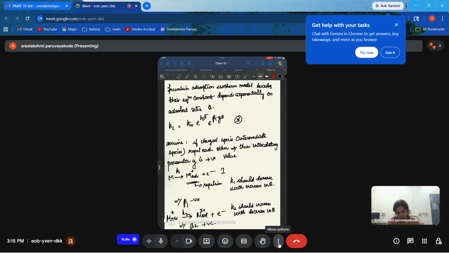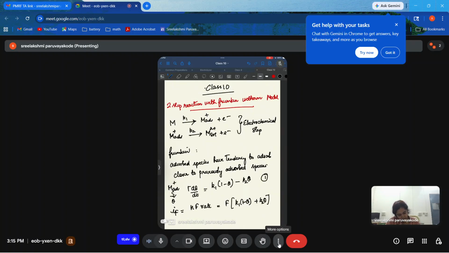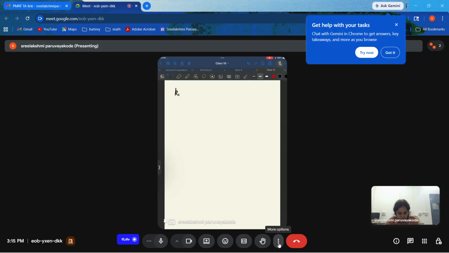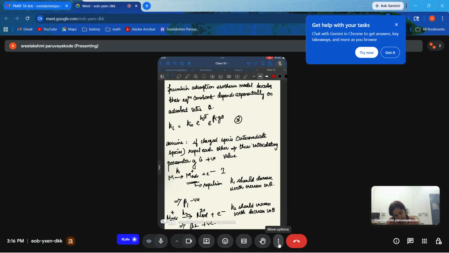Now for this, what did we write? The mass balance: gamma d theta by dt equal to k1 into 1 minus theta minus k2 into theta. Now steady state: k1 into 1 minus theta ss minus k2 into theta ss equal to 0. Now what is k1 and k2? K1 equal to k1 naught exponential beta1 E dc into exponential beta1 g theta ss.